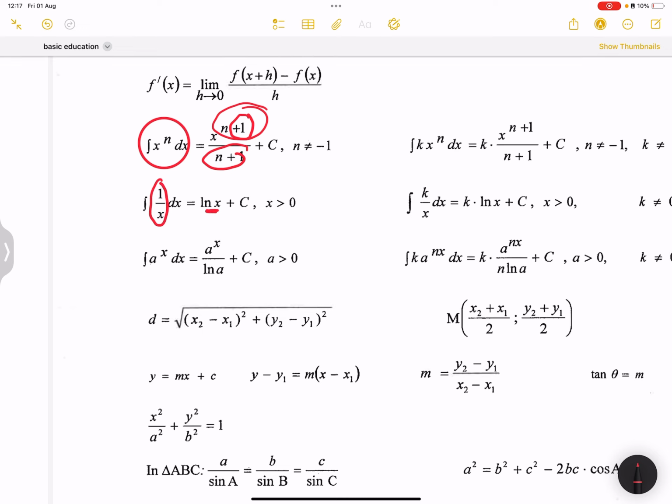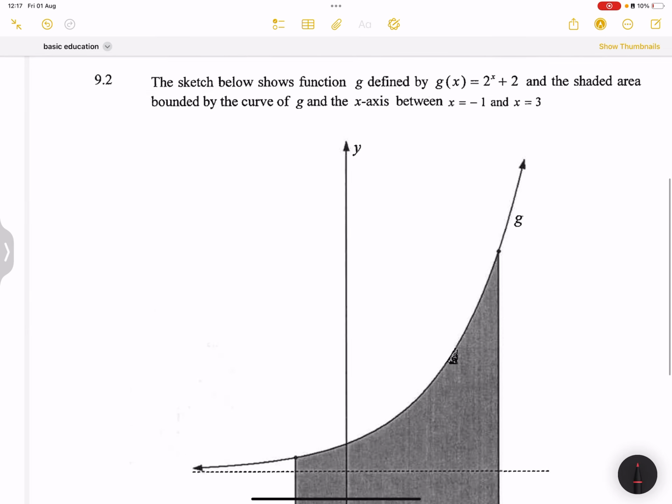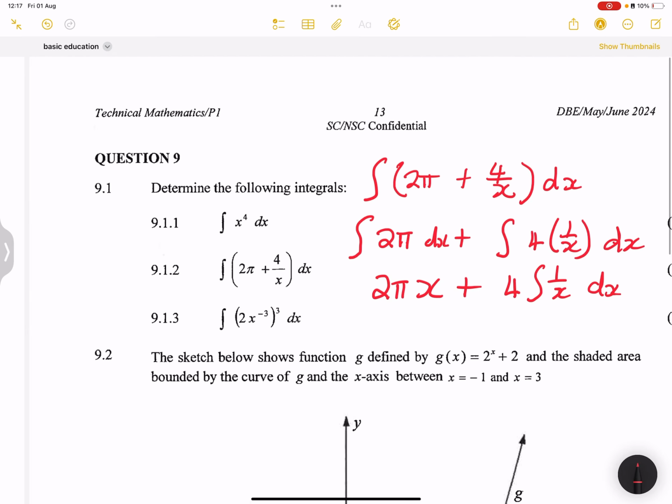So that would give me 2 pi x, plus 4 ln of x, plus c. And that would be your solution for 9.1.2.